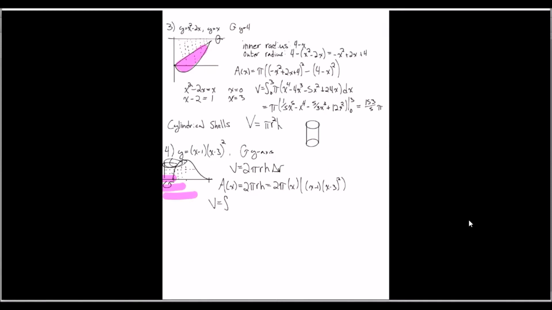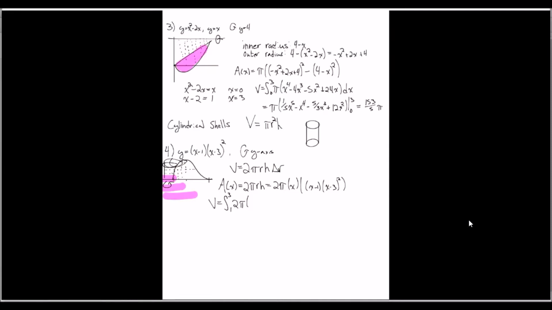And by just looking at the y function, you can see that x equals 1 and x equals 3 are the zeros for that function. So those are going to be our bounds. And then we've got our 2 pi, and then our x. What I'm going to do is multiply that x into the other parentheses so that we've got just a polynomial.